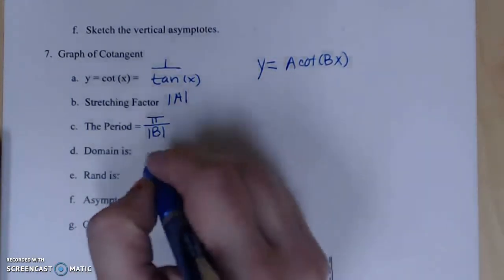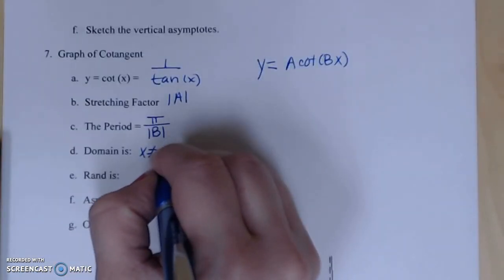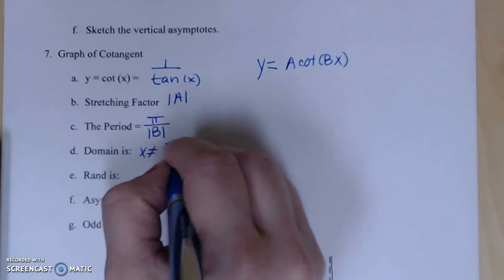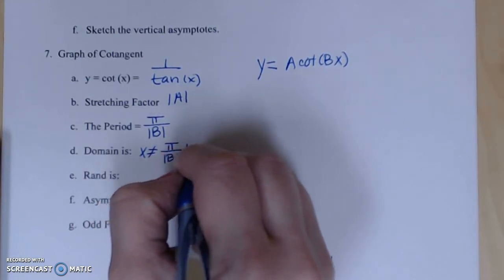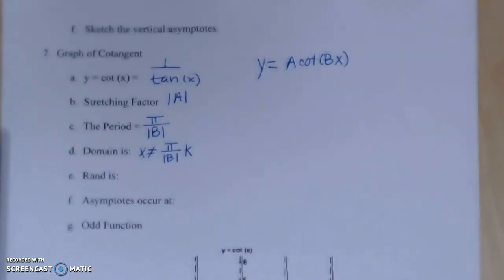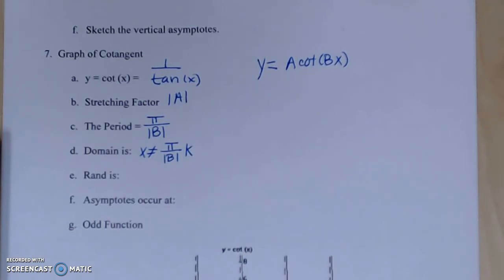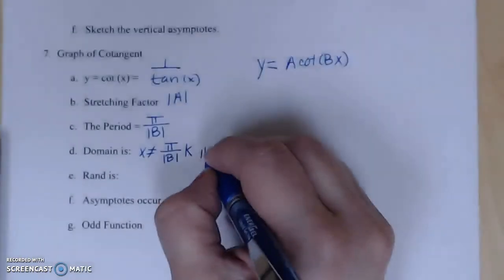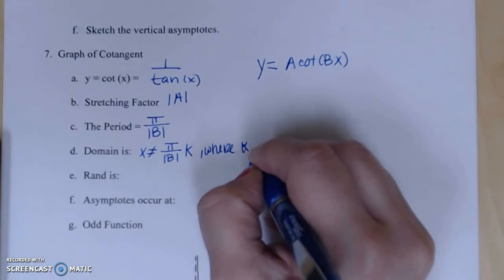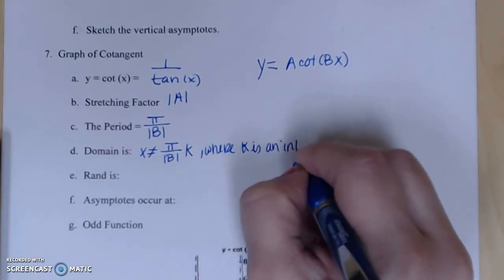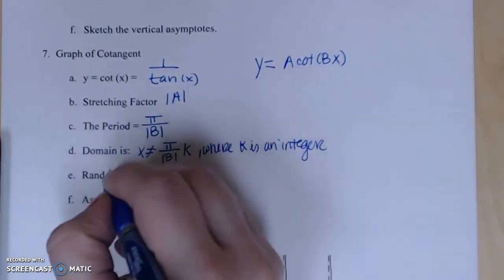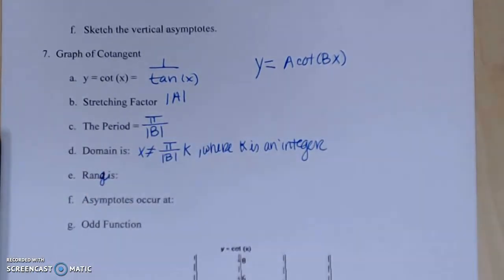The domain is everywhere that x does not equal pi over the absolute value of b times k, because we know that these functions have patterns and they keep repeating, so we multiply it by k, where k is an integer. The range, didn't mean to misspell that one right there.